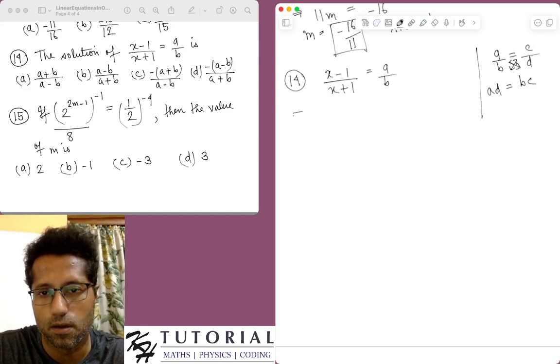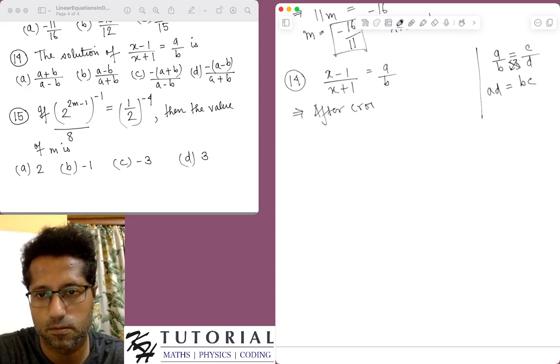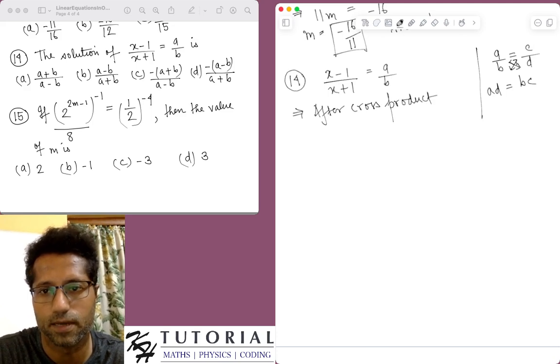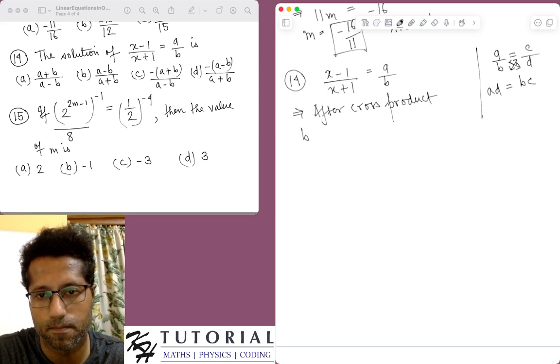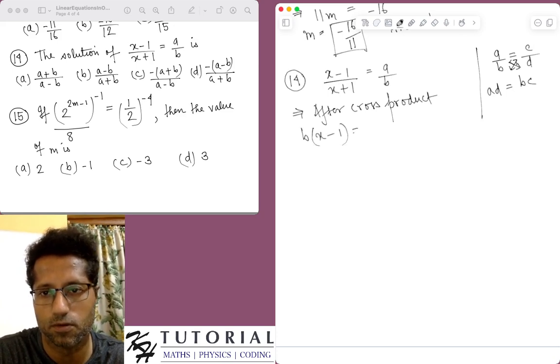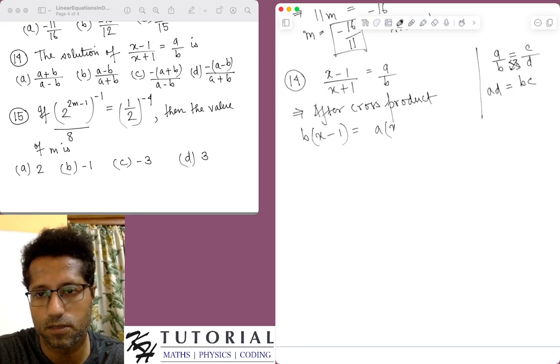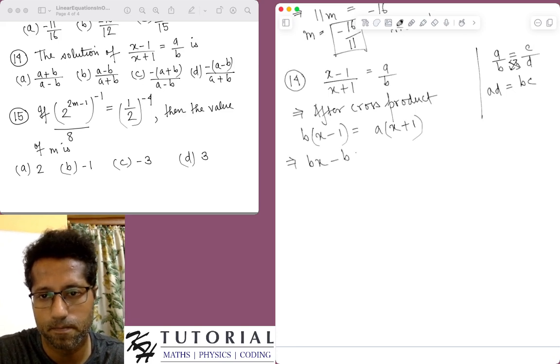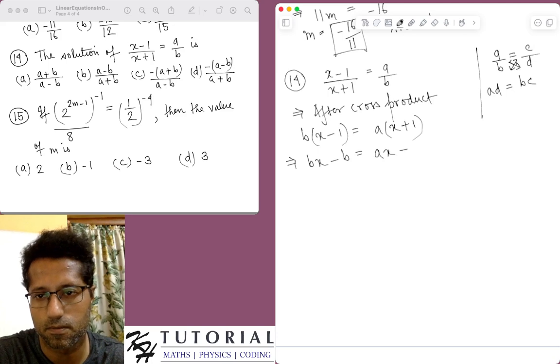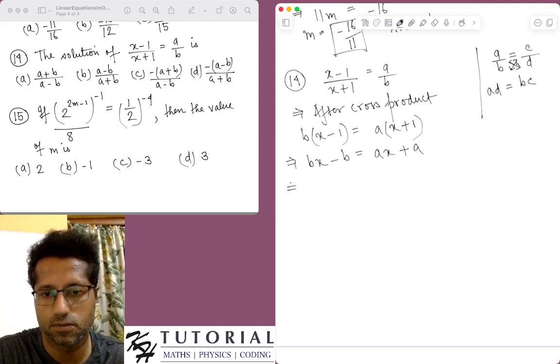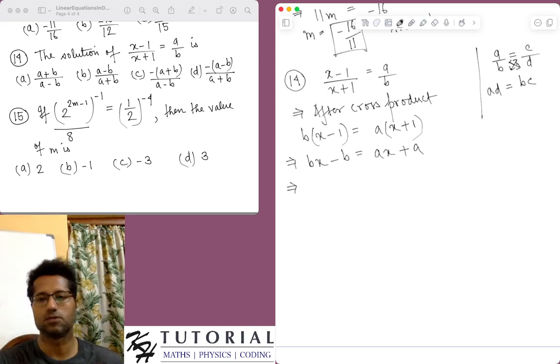So after cross multiplication, we get b multiplied by x minus 1 equals a multiplied by x plus 1. If we open the brackets, we get bx minus b equals ax plus a. Now we bring the x terms to the left hand side and the constant terms to the right hand side.